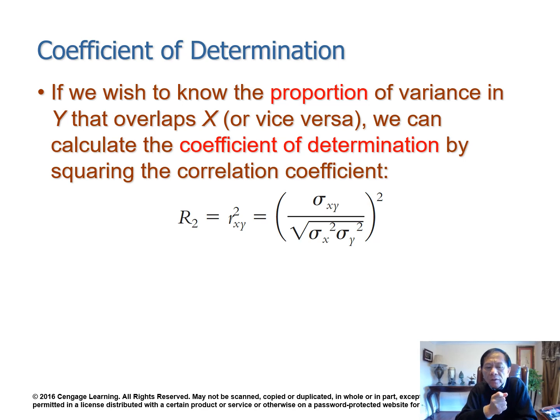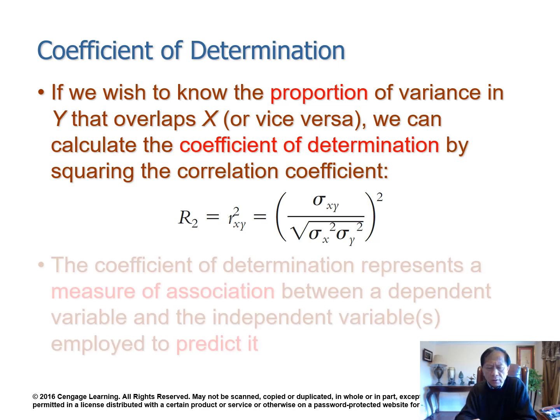Basically, the coefficient of determination is the correlation coefficient squared. Okay, R squared.